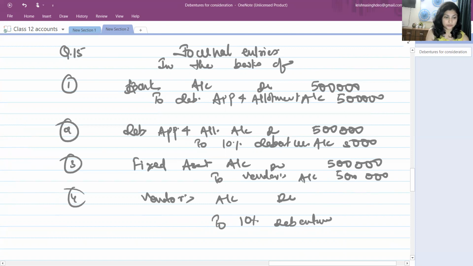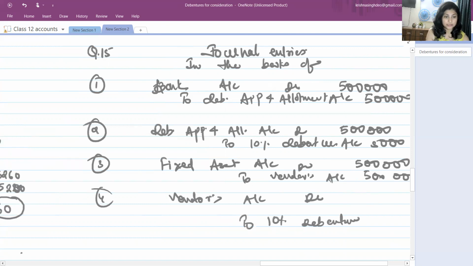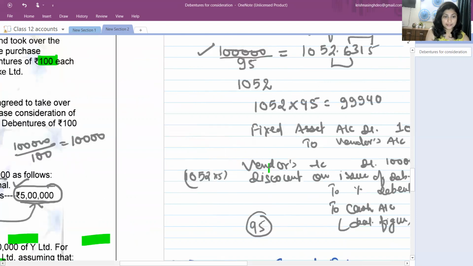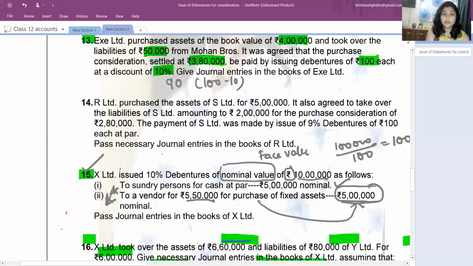Let us go back to the question and I'll read it once. It says to a vendor for rupees 5,50,000, debentures were issued for fixed asset, rupees 5 lakh nominal.